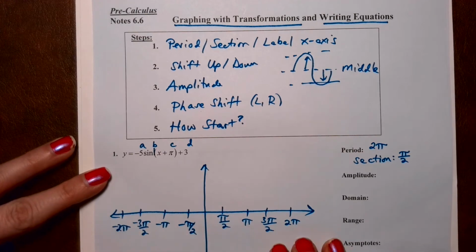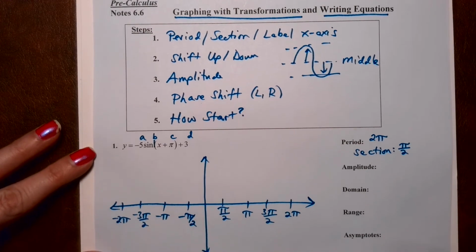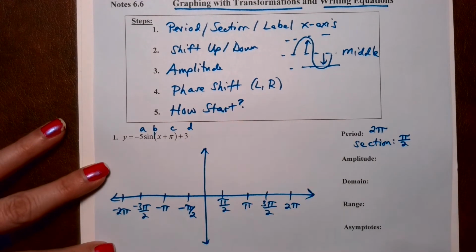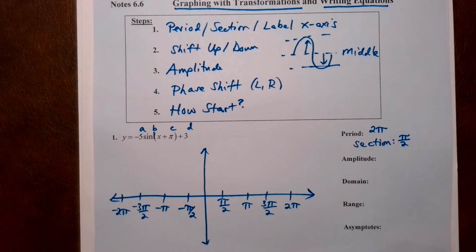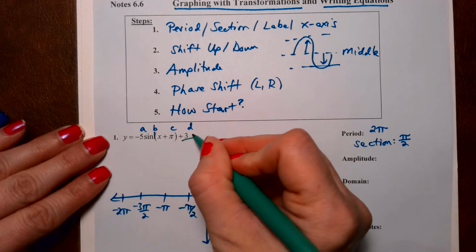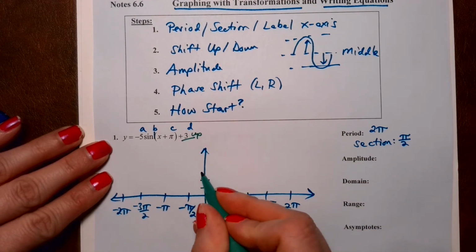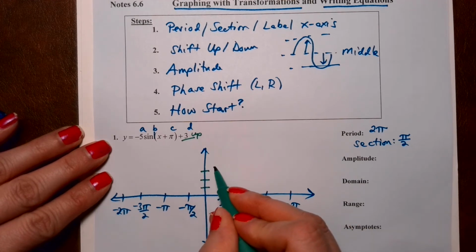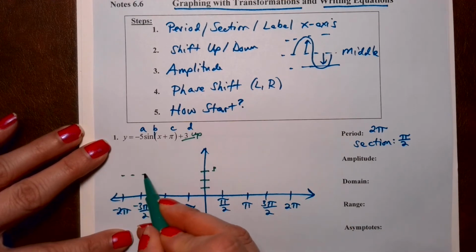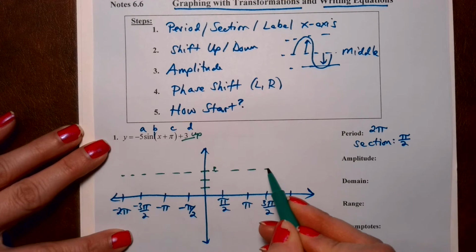Okay, we've got our x-axis and all the horizontal numbers listed. Now we're going to figure out our shift up and down, and that would be the D value right here. So this graph shifts 3 units up, so let's make sure we put 1, 2, 3. Make sure you put 3 tick marks.